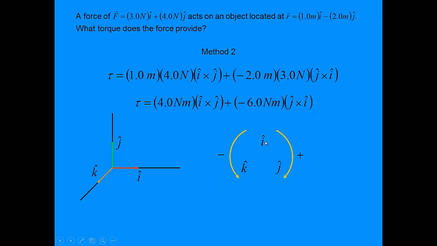This is what I mean. I crossed with J is positive K. I crossed with J, your thumb points out of the screen. J crossed with K is positive I. K crossed with I is positive J. You see what I'm saying? Going around in this order.